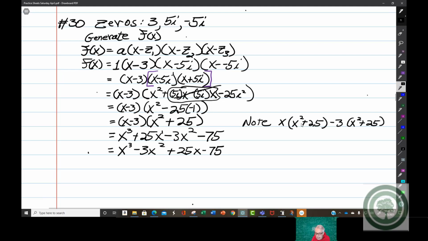Then I multiplied x times x squared, that's x to the third. x times plus 25 is plus 25x. Minus 3 times x squared is minus 3x squared. And minus 3 times plus 25 is minus 75. And then I put them in order. Gotcha. Okay.